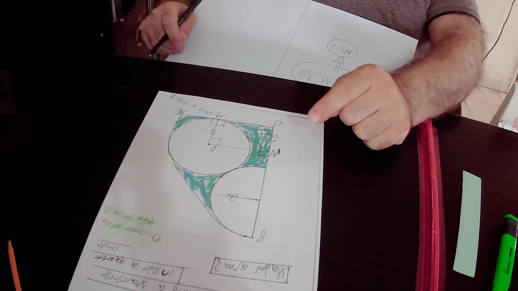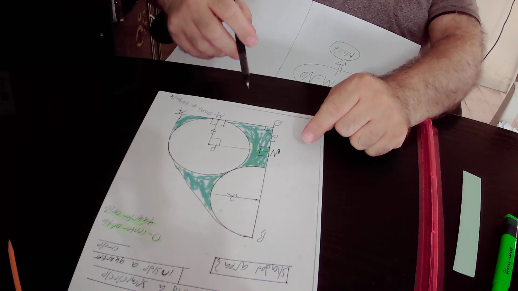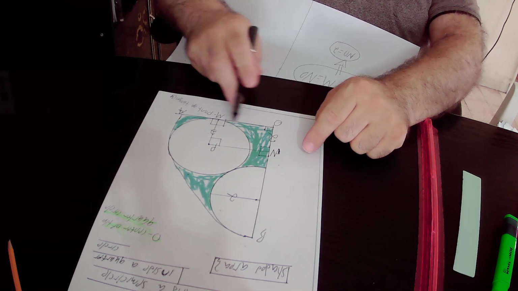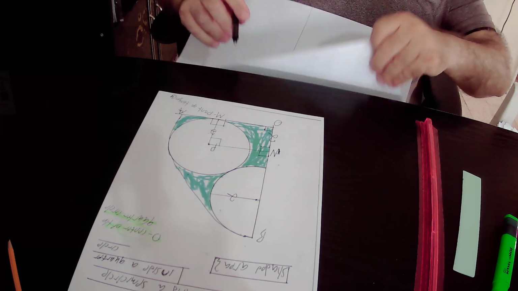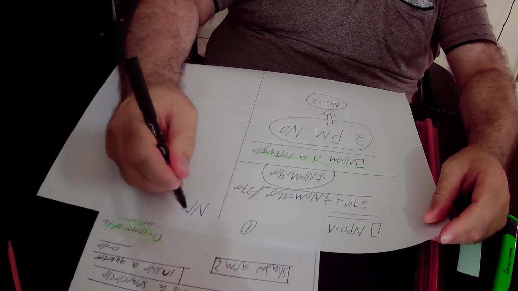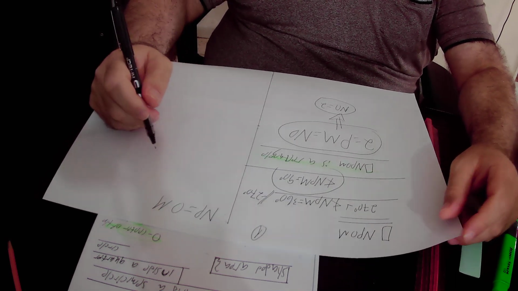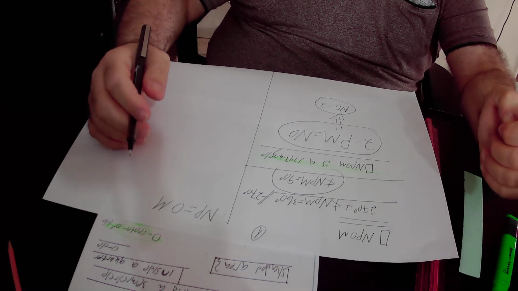Likewise, according to the same rule, that the opposite sides of a rectangle are equal to each other, we get here that side NP must be equal to side OM. NP equals OM.